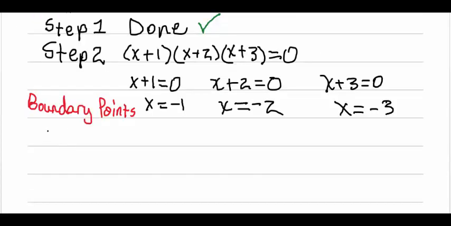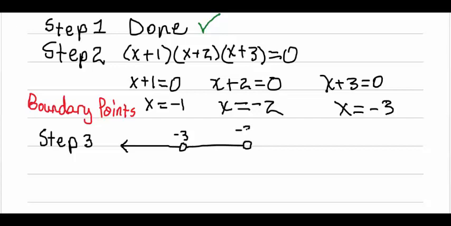All right, next, we're going to locate these boundary points on a number line. So there's negative 3. We'll put negative 2 here.